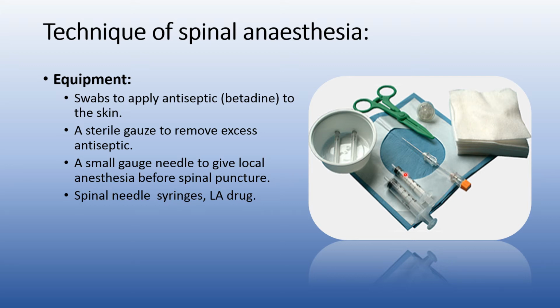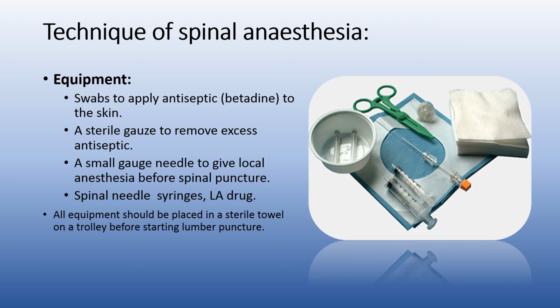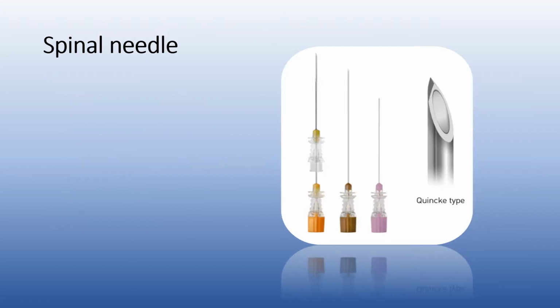Small gauge needle, this one, to give the local anesthetic before spinal puncture. The needle and syringe and the anesthetic drug, and of course the dressing to cover the patient. All this should be put in a sterile tray.